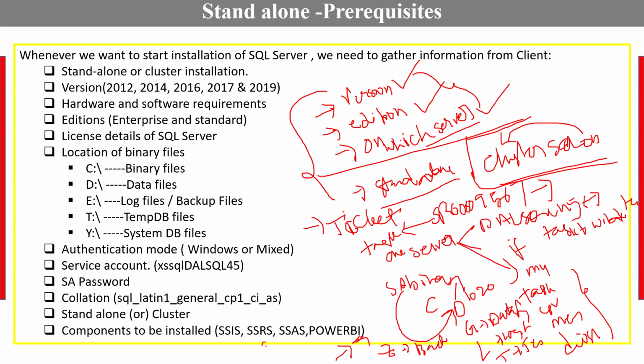For example, you are installing SSAS or SSIS, why can't you move it to a separate drive? You should not keep it in any one of these drives. These all belong to the database engine. So dedicatedly, we are going to create these drives. Assume this is the standard you are following.